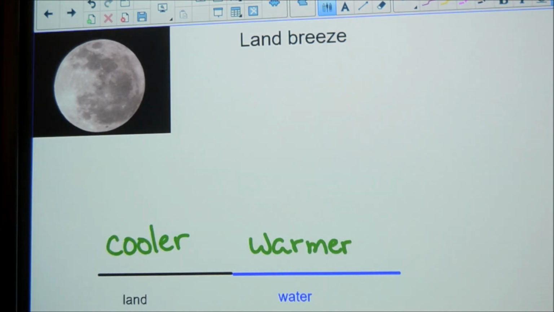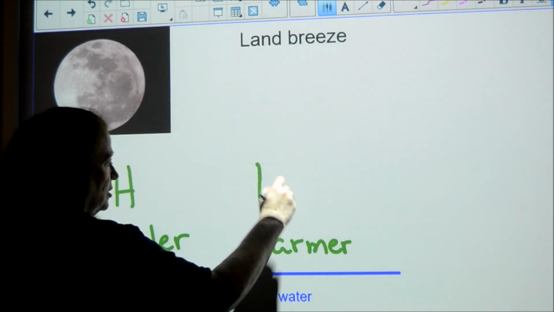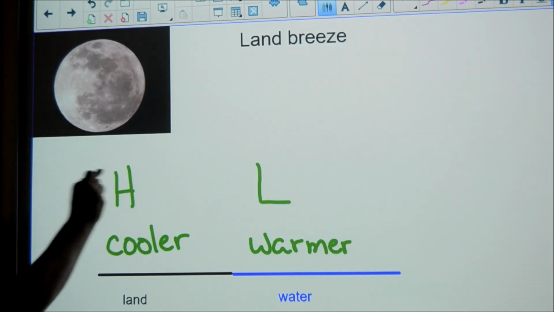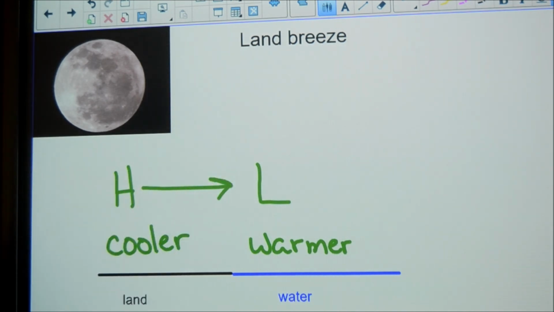Again, remember, temperature and pressure are inversely related. Cooler land is going to have a higher pressure. Warmer water is going to have a lower pressure. Winds blow from high pressure to low pressure, or from the land to the water. That's known as a land breeze. That's at night.